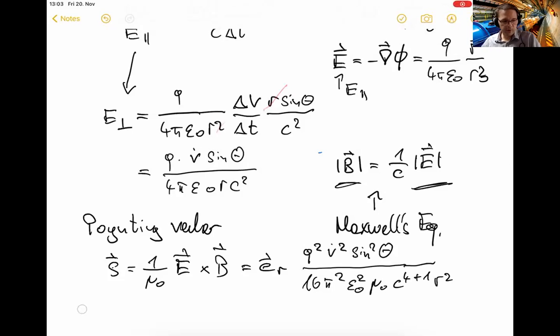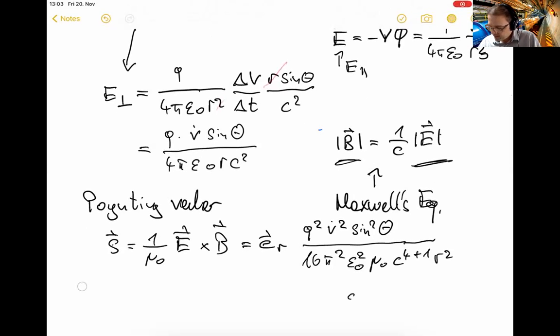And next I use the famous relation due to Maxwell, in fact, that epsilon 0 times mu 0 times c squared is 1. Maxwell was successful in calculating the speed of light from measurements of electrostatics and magnetostatics, which respectively depend on epsilon 0 and mu 0.